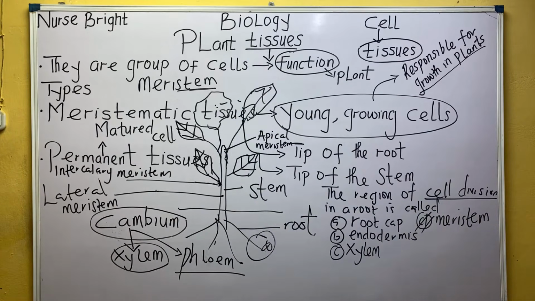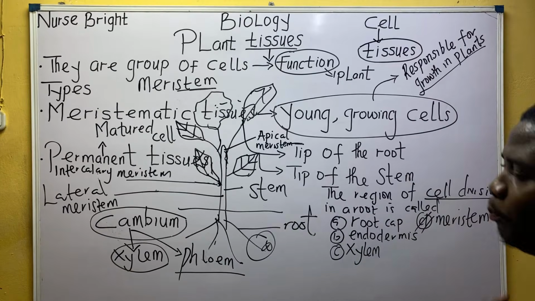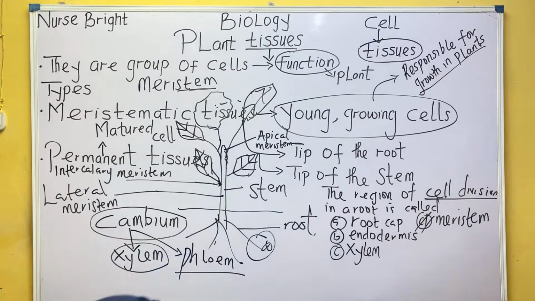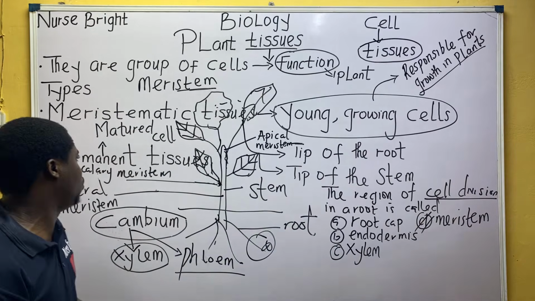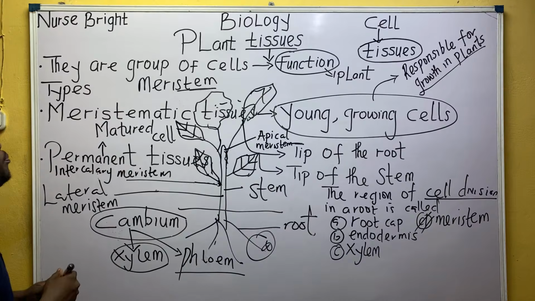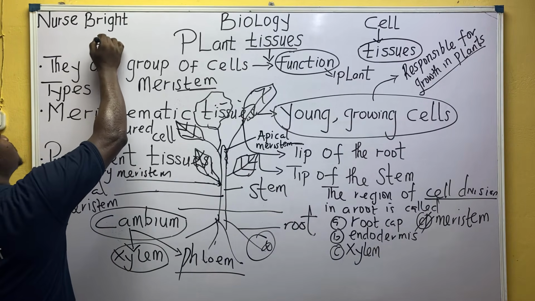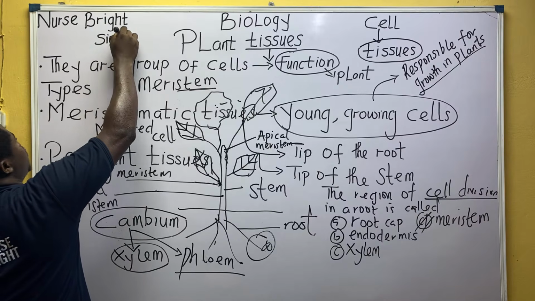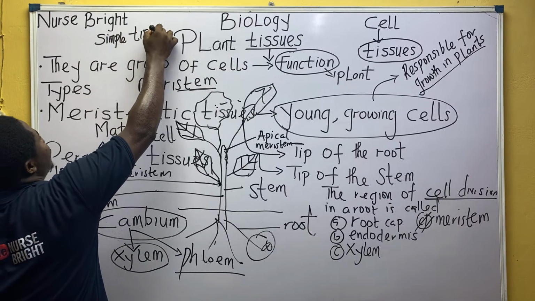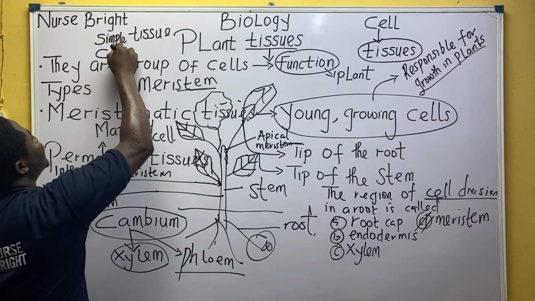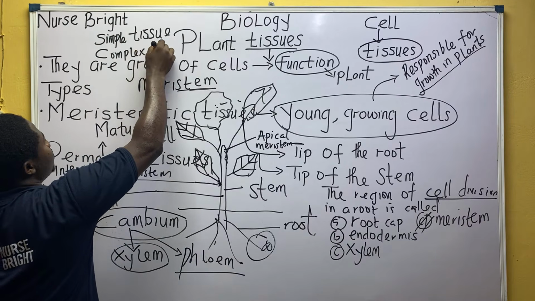Without wasting time, let us stress on this. These permanent tissues are of two types. We have the simple tissues and the complex tissues.